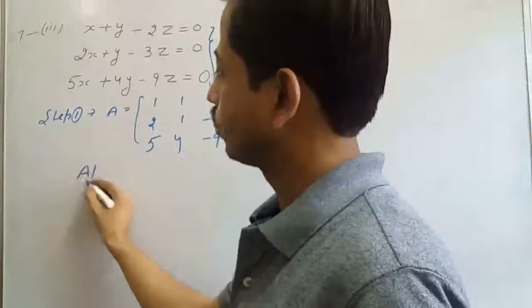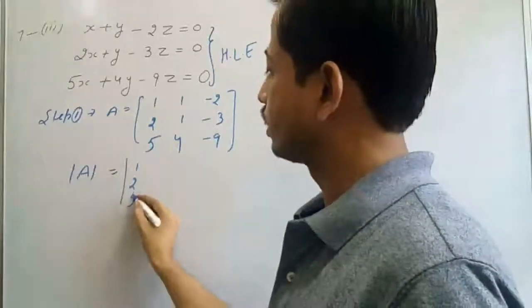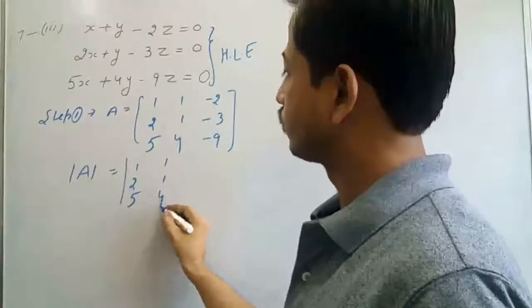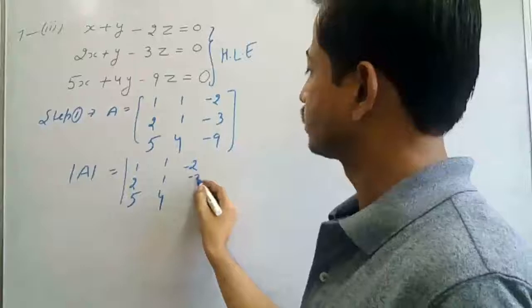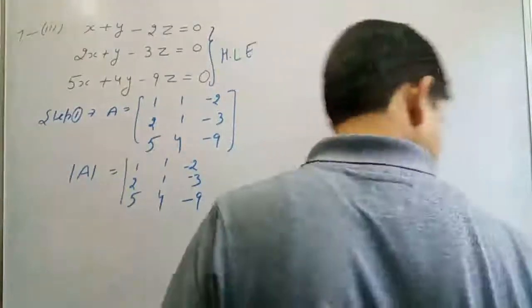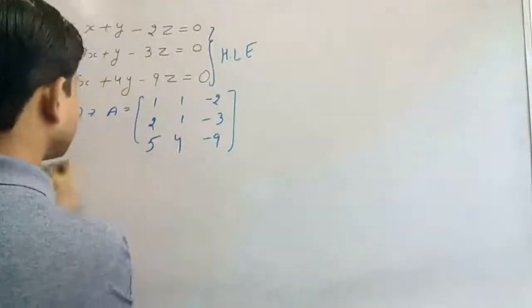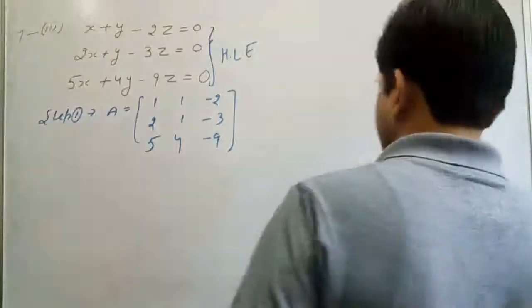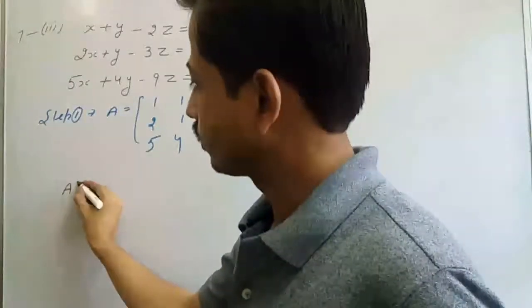Now we have to find the determinant. 1, 2, 5, 1, 1, 4, minus 2, minus 3 and minus 9. So I am solving this. What is the determinant of A?